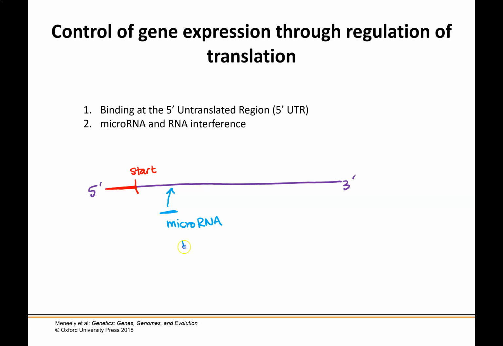This is something called RNA interference. And again, our book doesn't go into a lot of detail here, so I am not either. Just keep in mind that you can actually regulate translation as well.